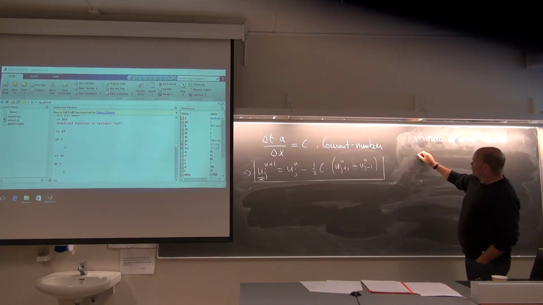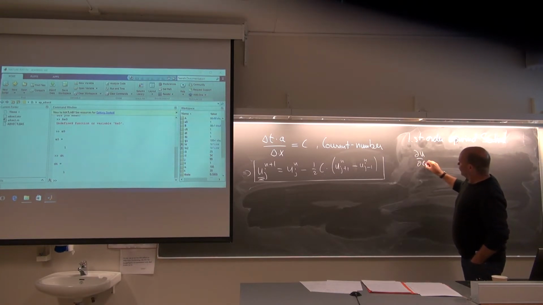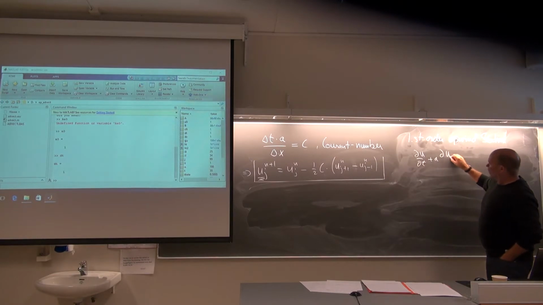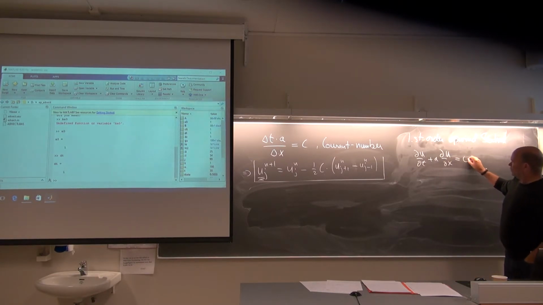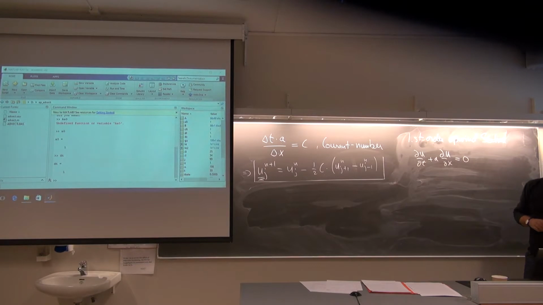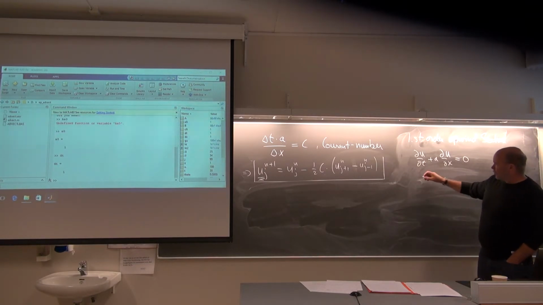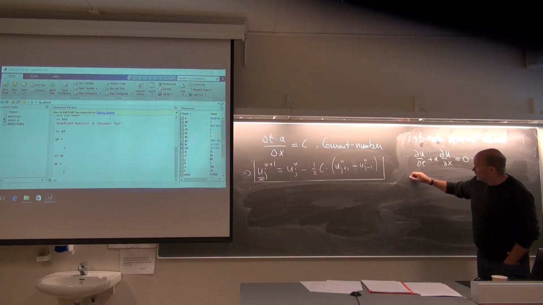So we had the equation, time derivative plus a du dx equal to 0. And now we do the following. It's still first order forward in time.